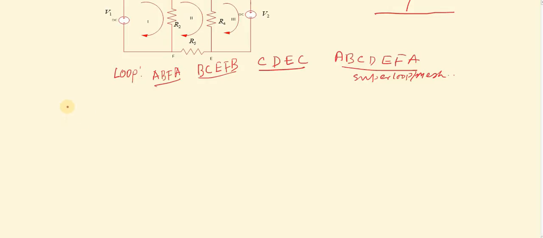Now we will discuss Kirchhoff's law. We already discussed Ohm's law.